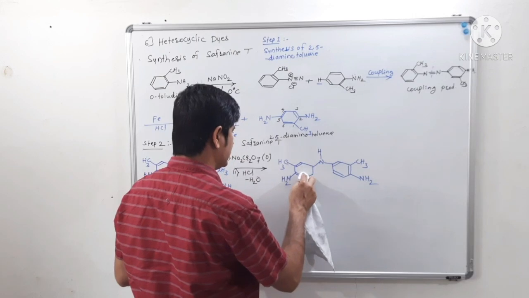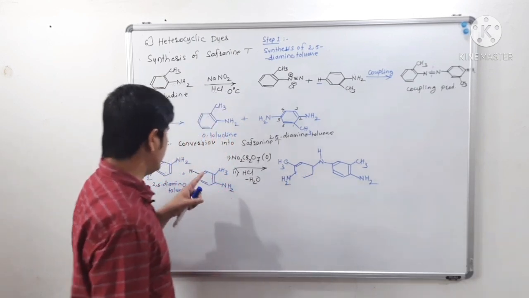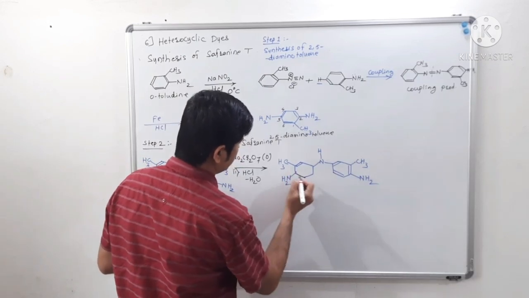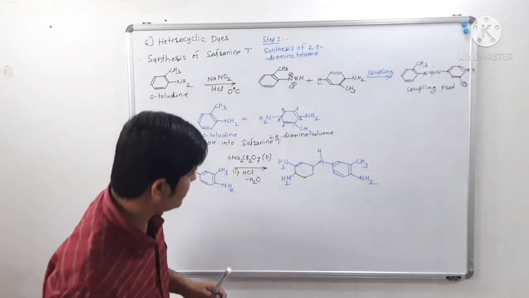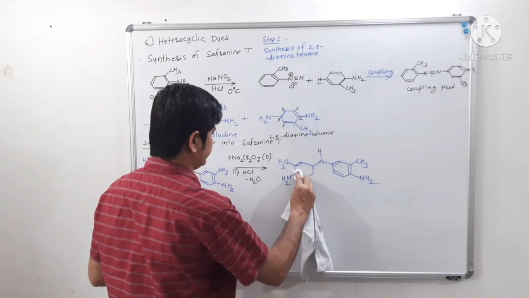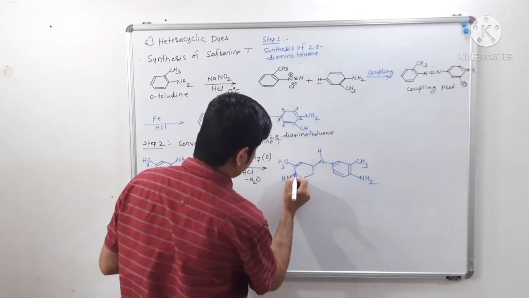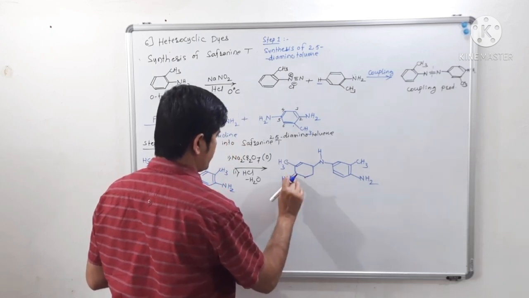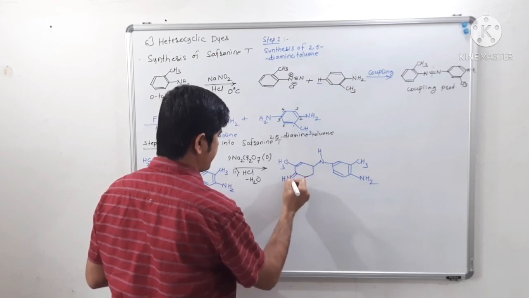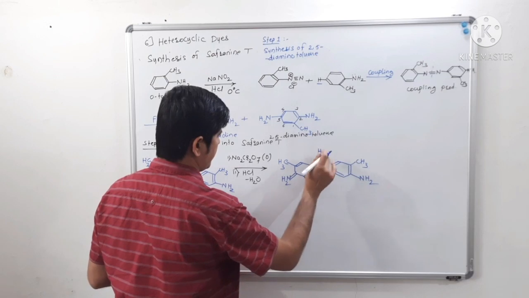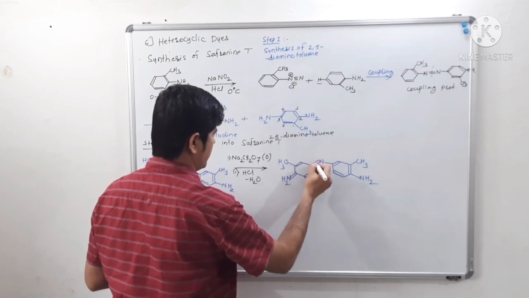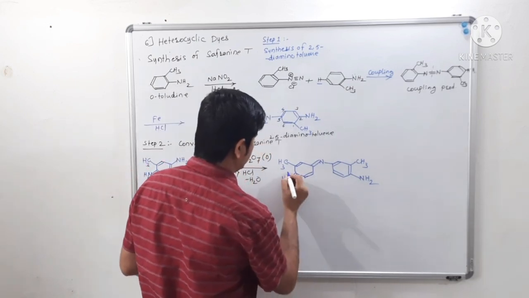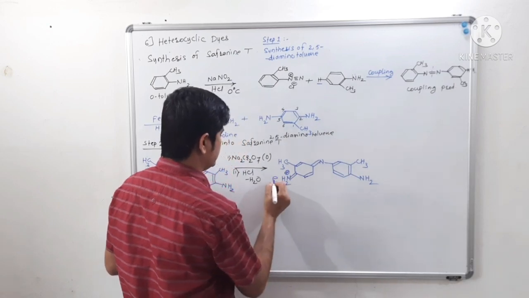As we are using hydrochloric acid, we have to write the final product of this step, with NH2 plus Cl minus.